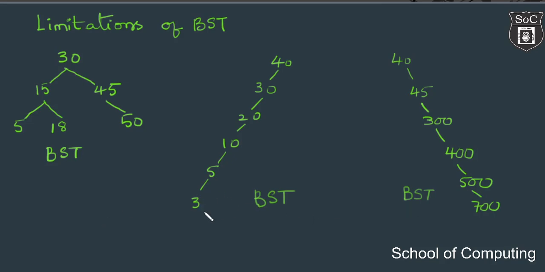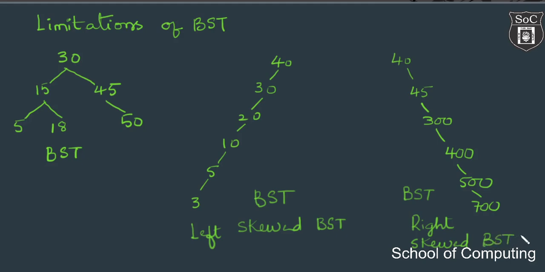This one is inclined towards the left side, so it is called a left skewed binary tree or binary search tree. Similarly, this one is called a right skewed BST.